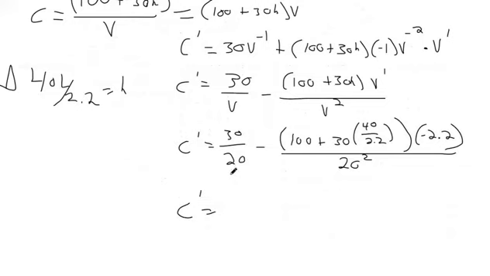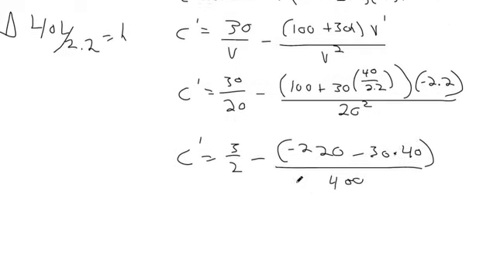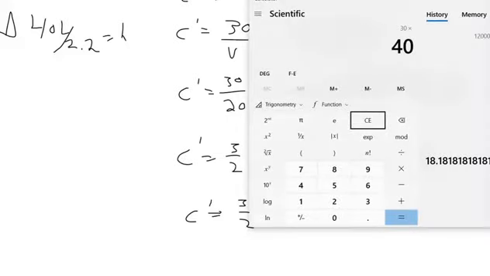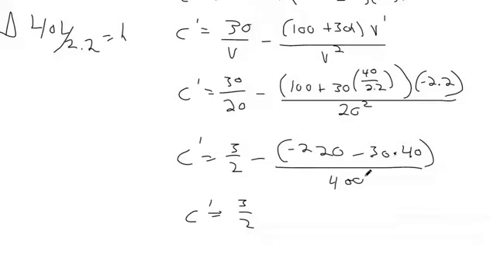Okay, so when we do this out, 30 over 20, that's 3 over 2. In here, if you distribute this negative 2.2, it's going to be negative 220. Yeah, negative 220 for this term. Distribute here, the 2.2 and the 2.2 cancel out. It gives you a minus 30 times 40 over 20 squared. So 30 times 40, 1,200.